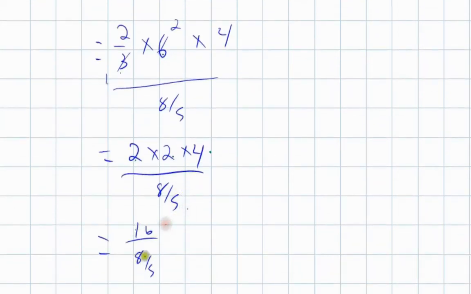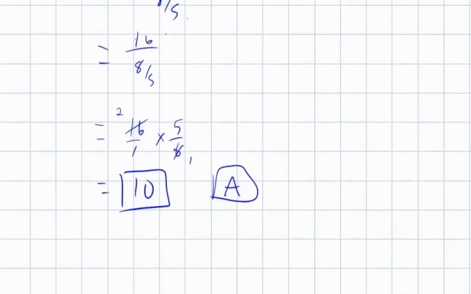So that's 16 over 8/5. And then I can separate that out, 16 over 1 times 5 over 8, because remember that when you divide by a fraction, you can multiply by its reciprocal. And this reduces to 2, this reduces to 1. So now I'm left with 2 times 5 over 1, which is 10, and so your answer is A.